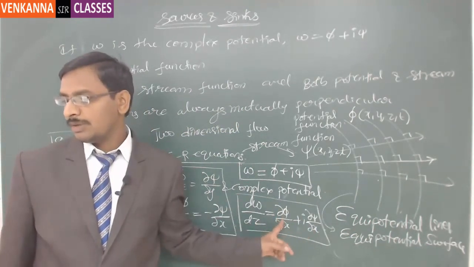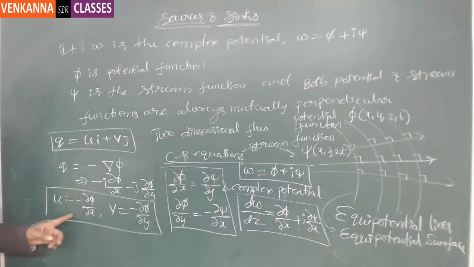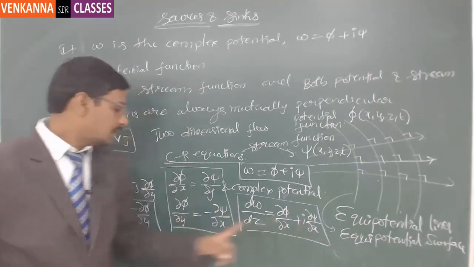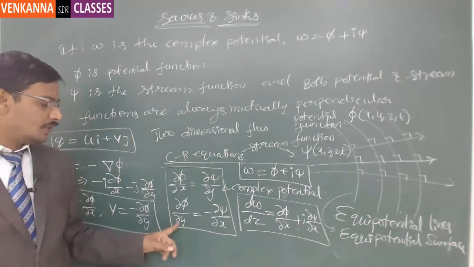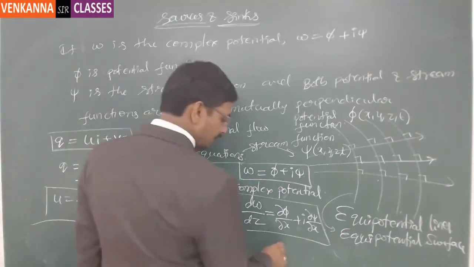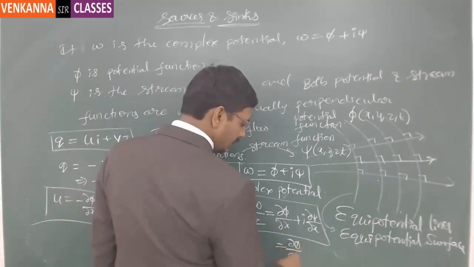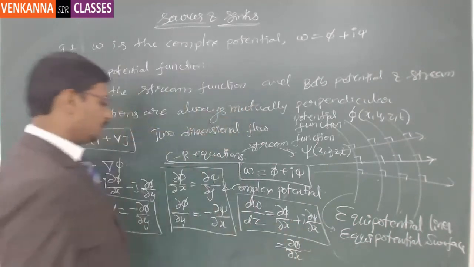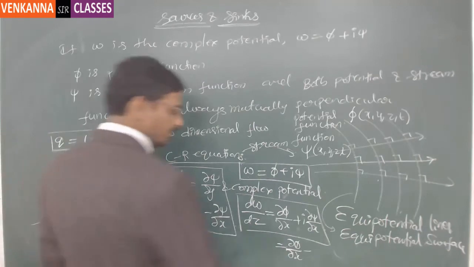Now dou phi by dou x is nothing but the velocity component u, so the velocity component along the x direction. And dou psi by dou x you can replace with minus dou phi by dou y with the help of the Cauchy-Riemann equations. So this can be written as dou phi by dou x plus, dou psi by dou x written as minus dou phi by dou y.